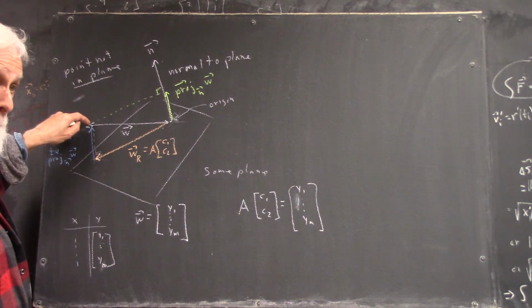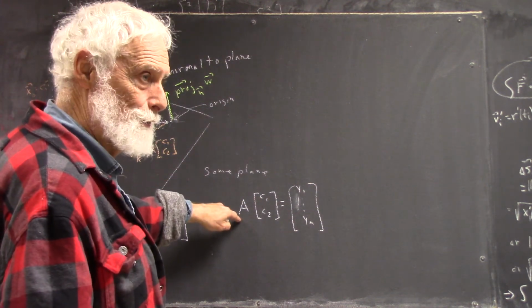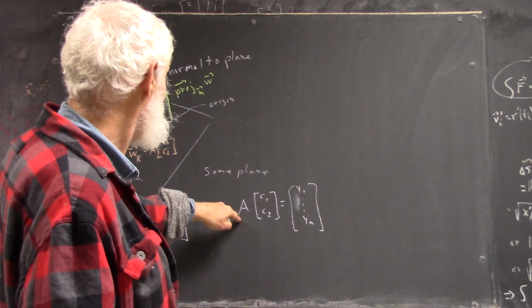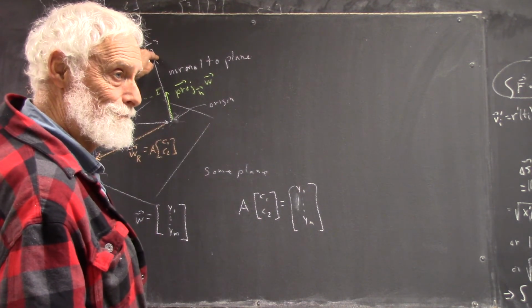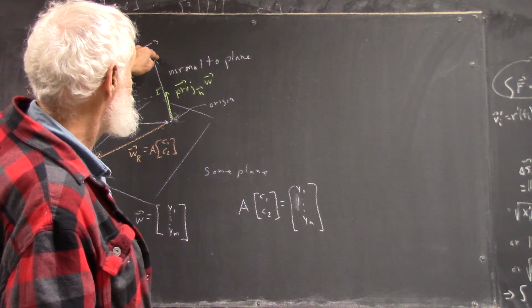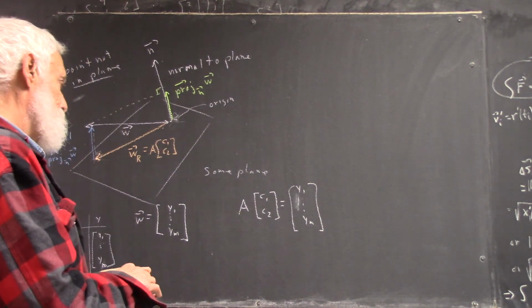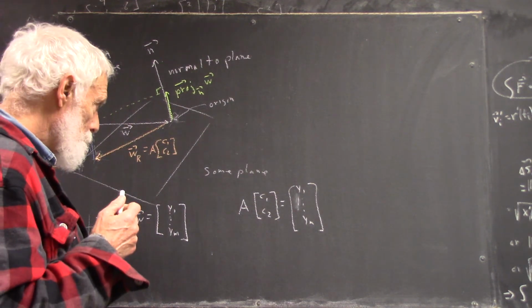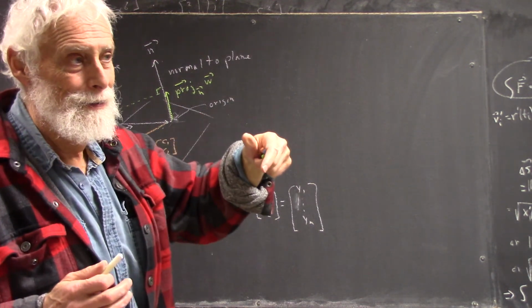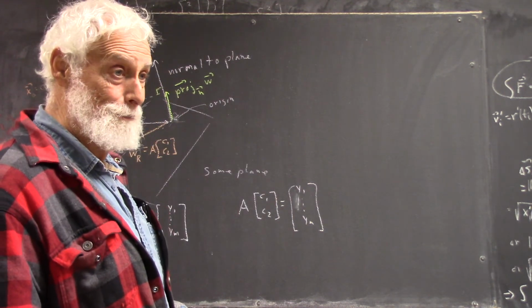Okay? Right. Now, if we've got the matrix A, and we find its orthogonal vector to A, the basis of the null space of the transpose.